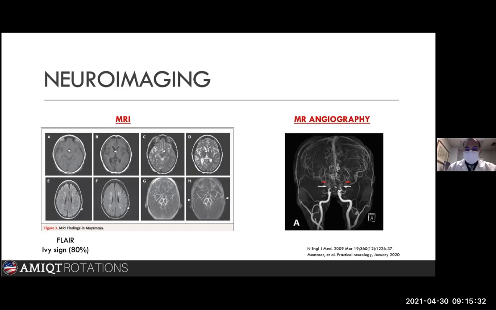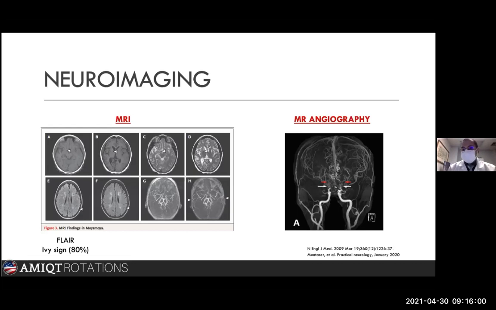And one of the most sensitive signs is the ivy sign, which you can see in the FLAIR sequence. As you can see, it is similar to ivy plants, but in the brain, and it is due to the engorgement of leptomeningeal vessels. It has been said that 80% of patients with Moyamoya have this sign present.